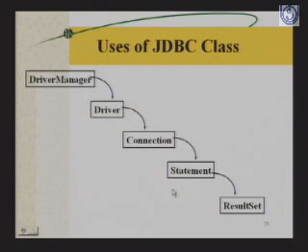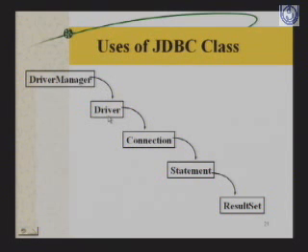So this diagram gives some basic picture about how actually JDBC classes are used for performing the JDBC application. You have driver manager, or rather you can say your driver is now registered with the driver manager.